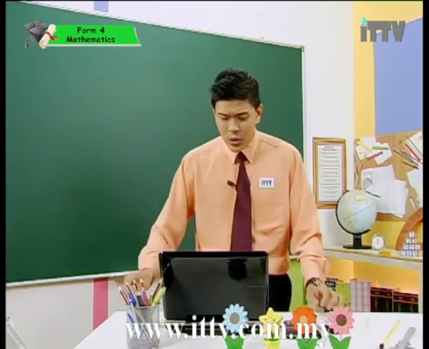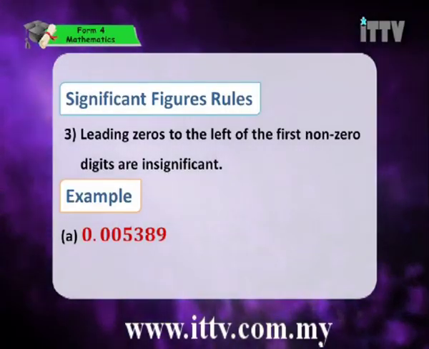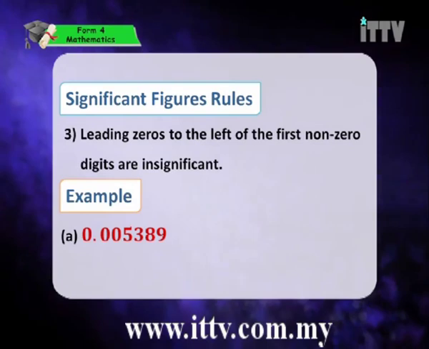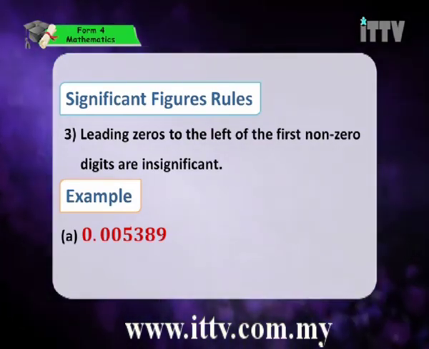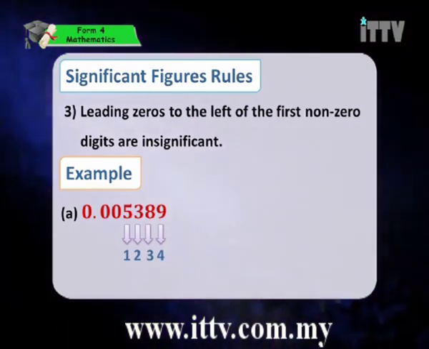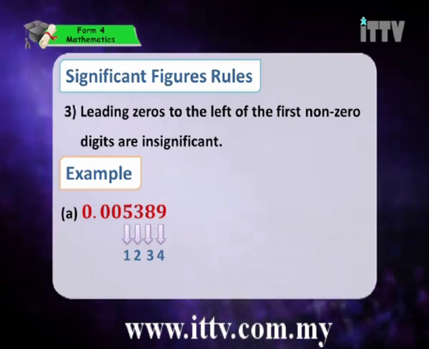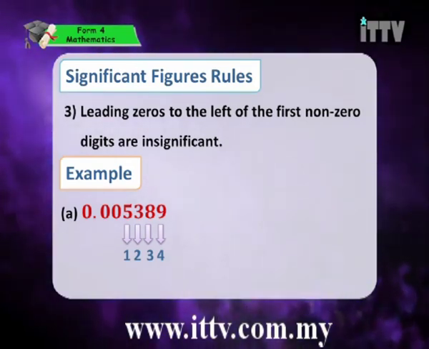Alright, now let's look at example A. 0.005389. Look at the rule. We know that 5389, these are 4 significant digits already. But are the zeros before the 5 significant or not?